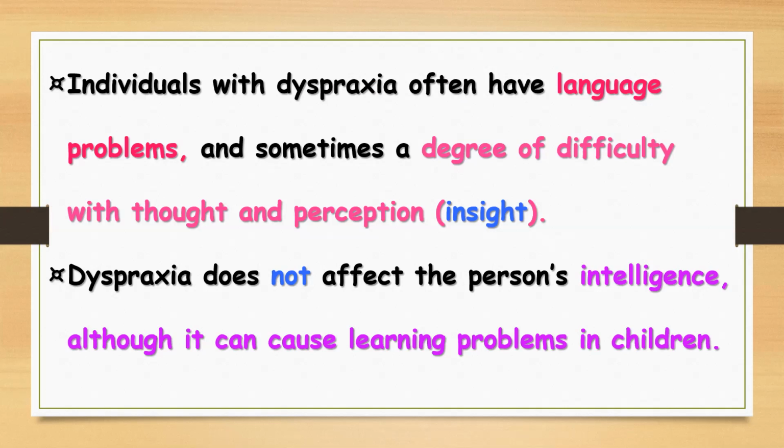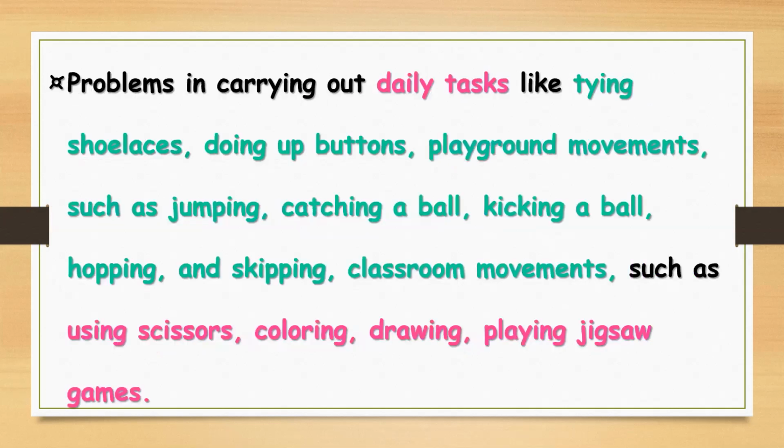Sometimes it can cause learning problems in children. They might have difficulties carrying out daily tasks, such as tying shoelaces, doing up buttons, playground movements such as jumping. Catching the ball correctly, kicking the ball, hopping, skipping, classroom movements. Classroom movements include using scissors, coloring, drawing, playing jigsaw puzzles or games.